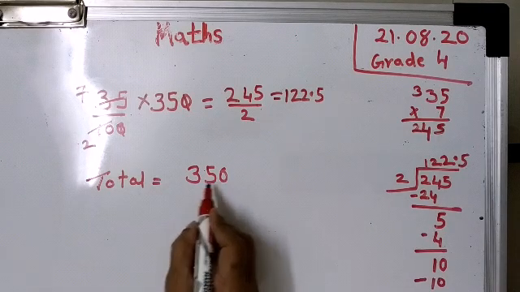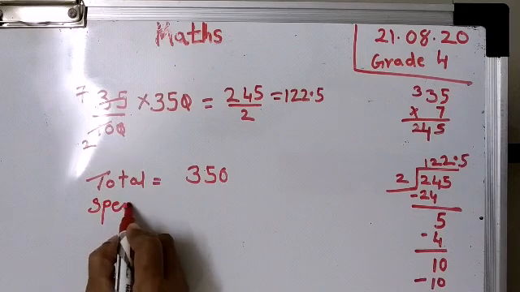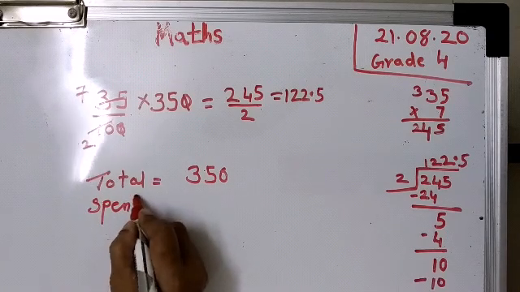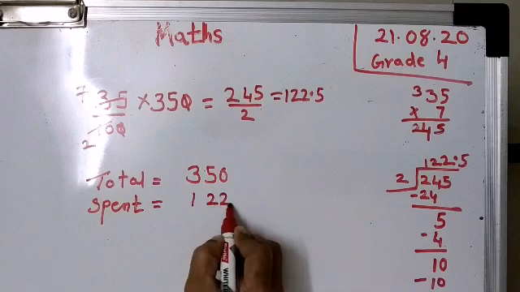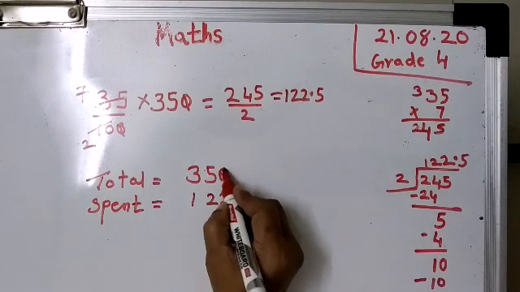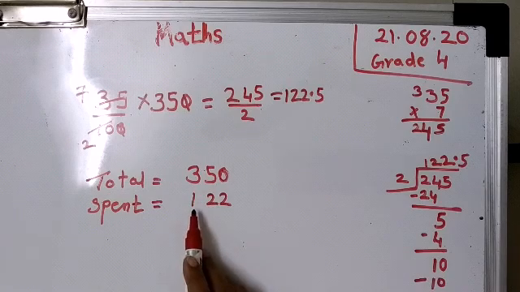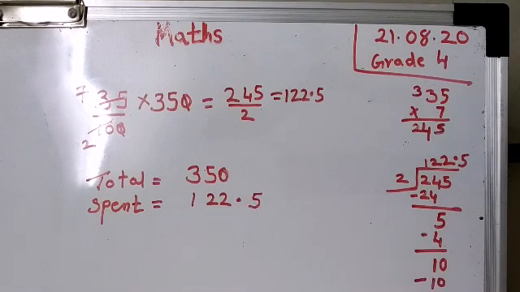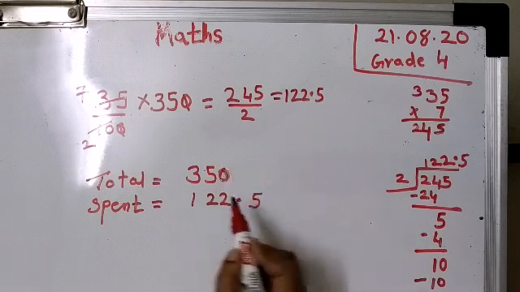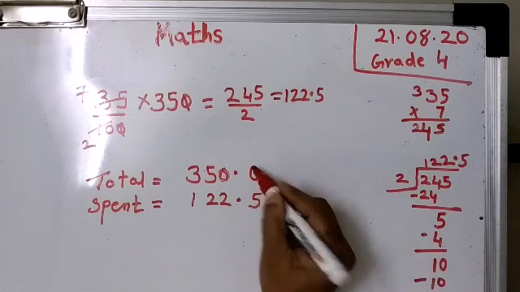So total was rupees 350 and the amount she spent is 122.5. Now children, see this 350 is a whole number and this is 122.5. This is your decimal over here. So don't make this mistake. So you can put a point here and you can put here 0.